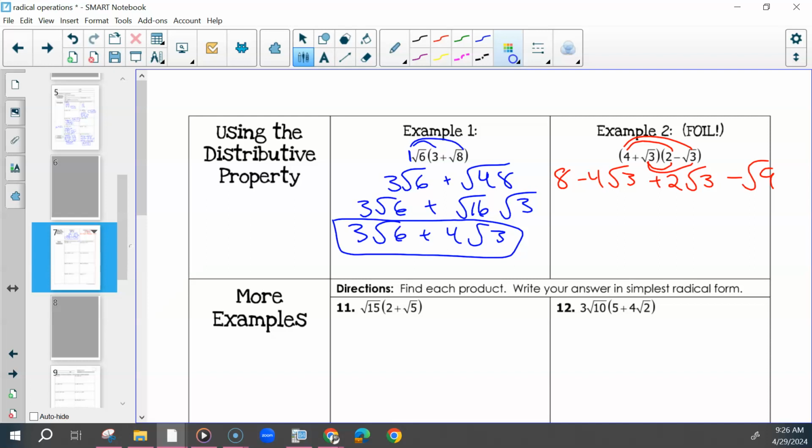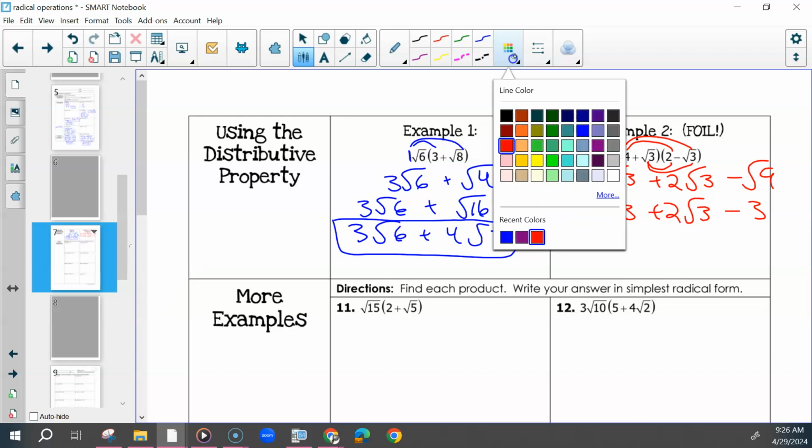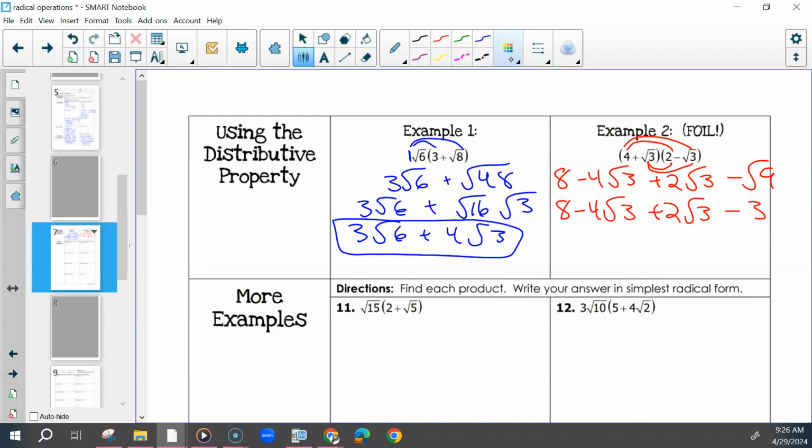So I'm going to go ahead and change that first, but we'll also have to combine this. And then we could combine the constants and the radical expressions. So if we combine those, what would our final answer be?